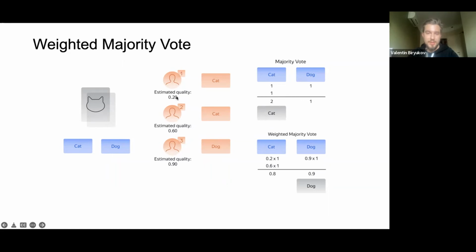So they use these weights like the weights in majority vote, not just the count of this value, but the weights. There are several answers for dog with some weights, and several answers for cat.